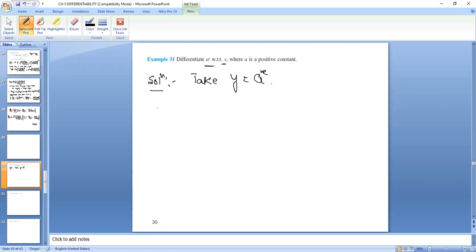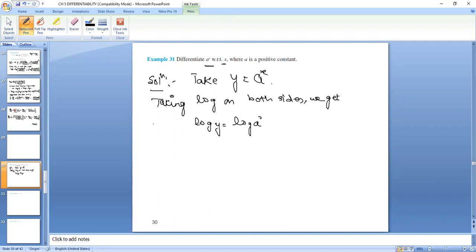Now, the next step is taking log on both sides. We get log y is equal to log a raised to power x. Now we will apply the formula log m raised to power n, which means x we will take down, log a.